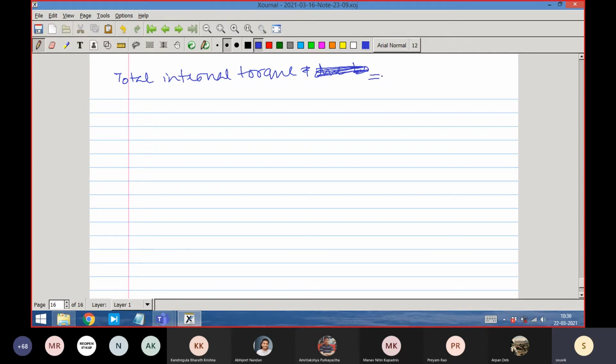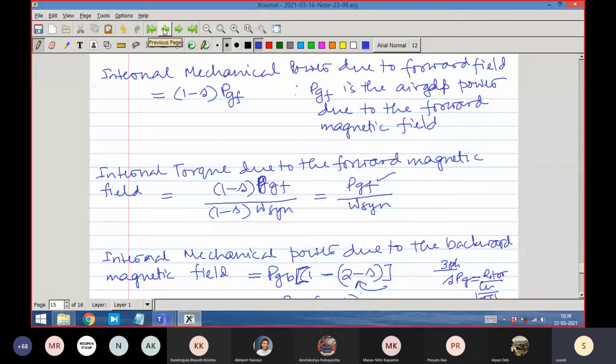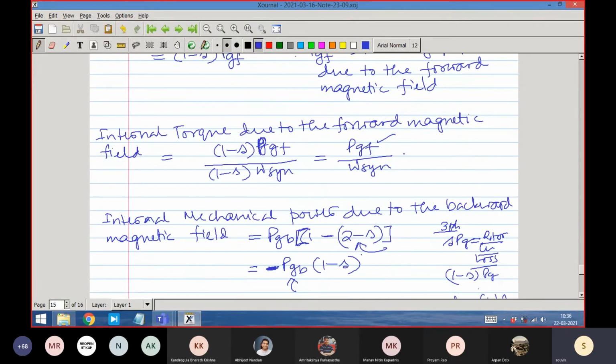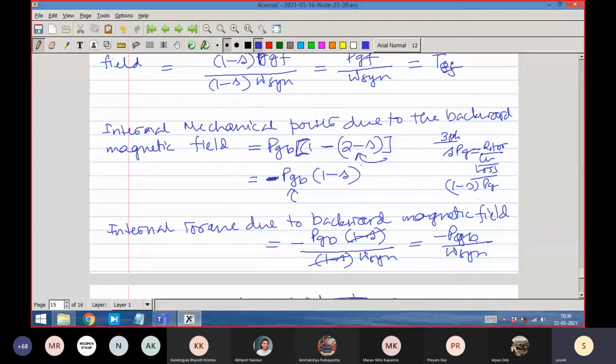Total internal torque must be equal to, let us call it T electromagnetic forward, TE forward, and this I call T electromagnetic backward.